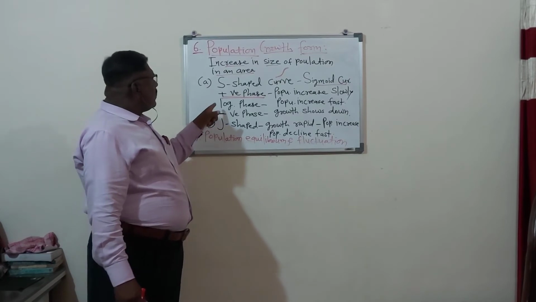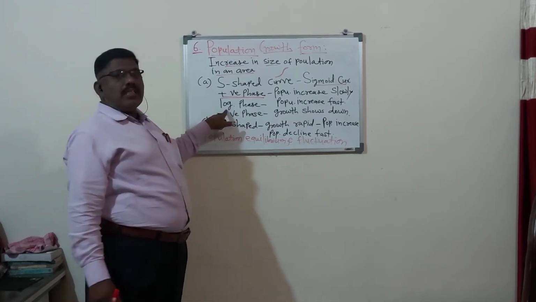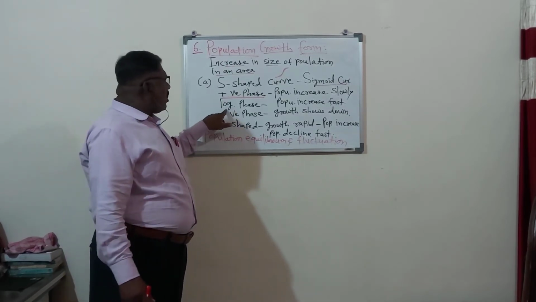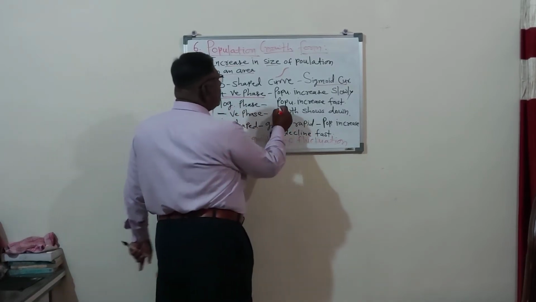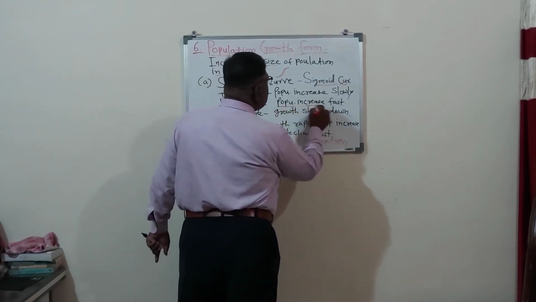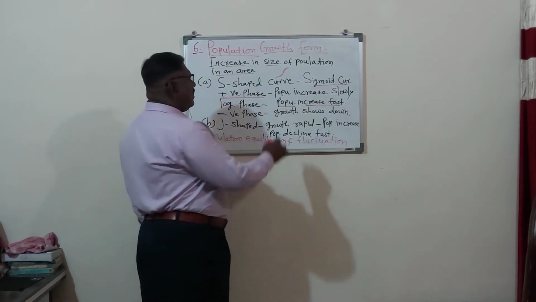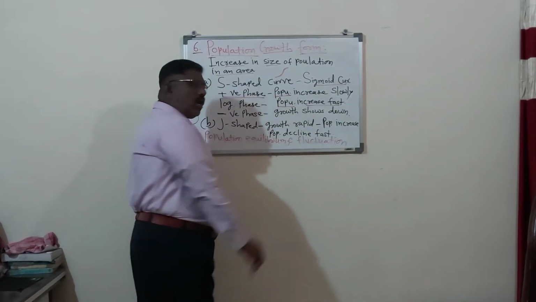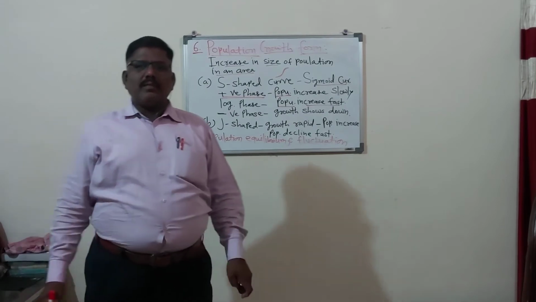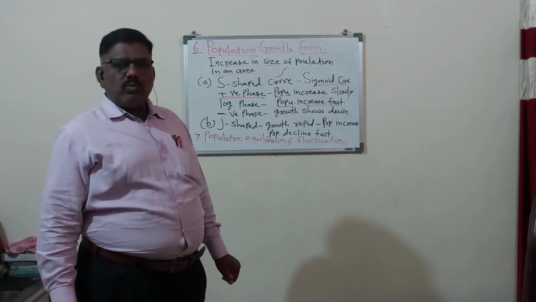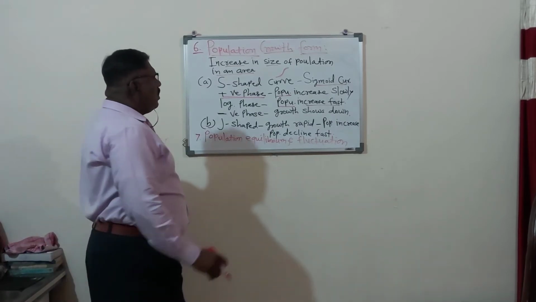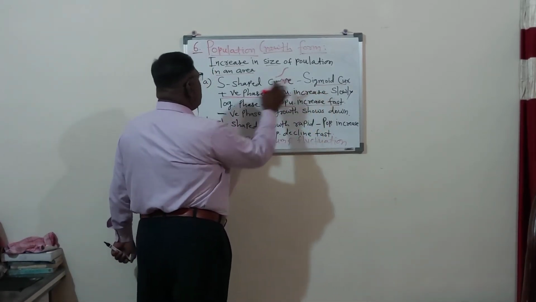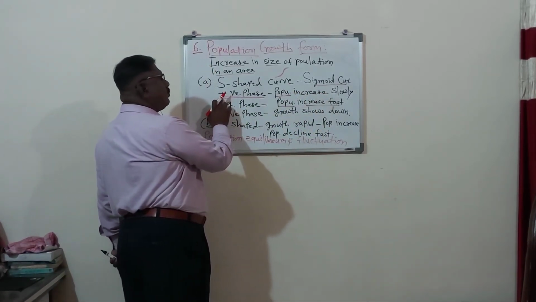Then there is the logarithmic phase. In this logarithmic phase, the population increases fast. Remember, in short form, population is written here as Popu. So, if the population increases slowly, it indicates the positive phase.